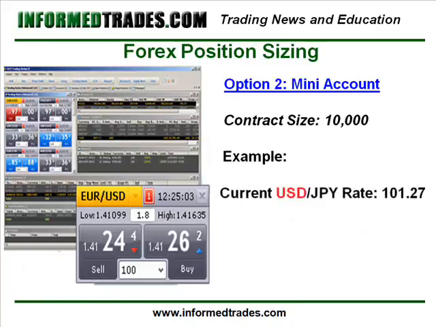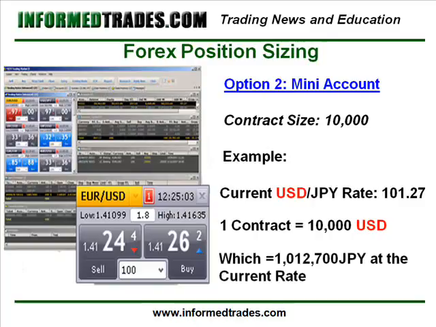If you're trading dollar yen with a current rate of 101.27, then the minimum amount you could trade on a mini account would be 10,000 US dollars against 1,012,700 Japanese yen.